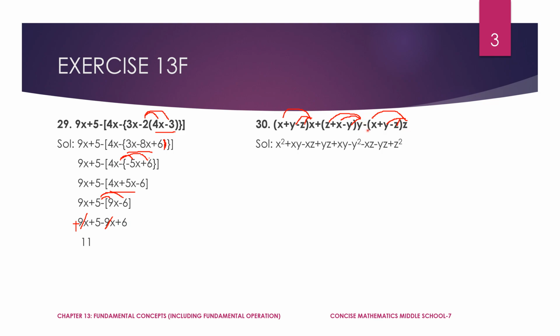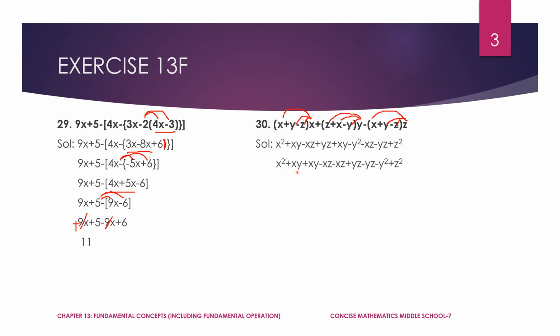Look here, minus into plus is minus z. I am also multiplying with z, so zx. Minus into plus is minus zy, right? Minus into minus is plus, z into z is z square. Is it clear, children?